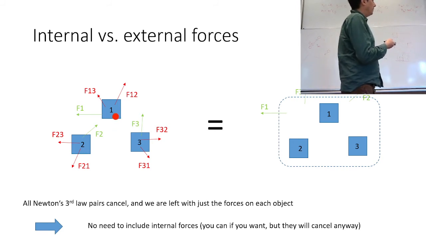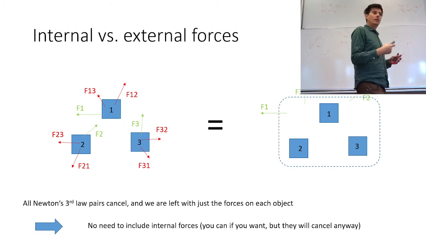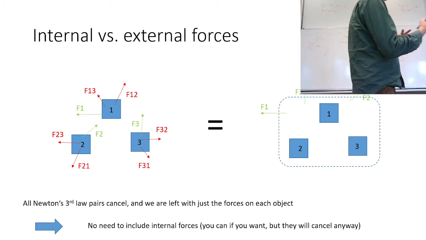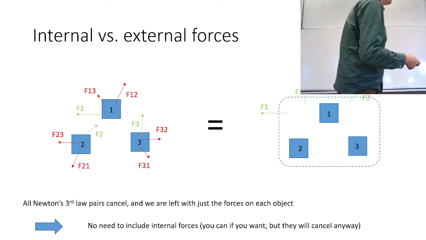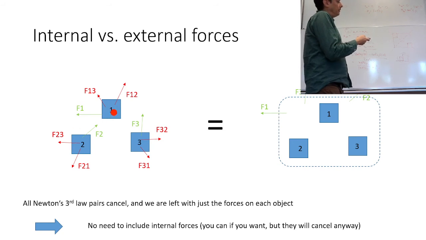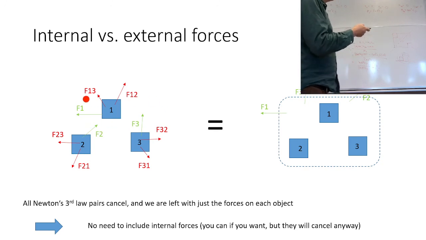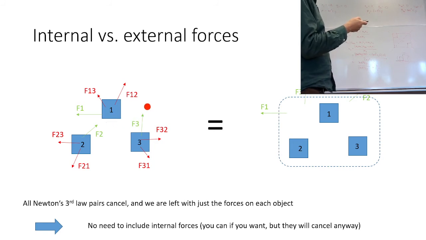But like I said, there could also be some internal force, which is due to the interaction of these particles with each other. So, for example, this first particle here might feel a force, and I've written this as F12, meaning this is the force on particle number 1, but originating from particle number 2.